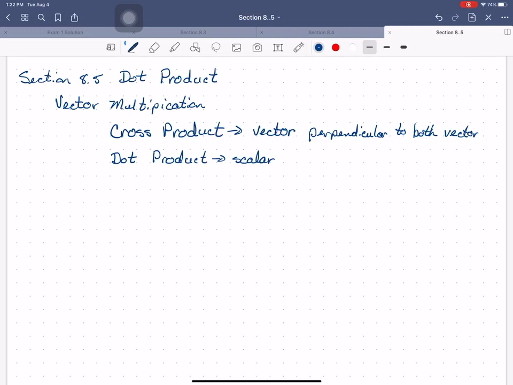So it's a 3-dimensional thing. That's why that's not in this class. The dot product, though, the scalar product, is related to the angle between the two vectors. And we're going to talk about that a bit more in a minute.